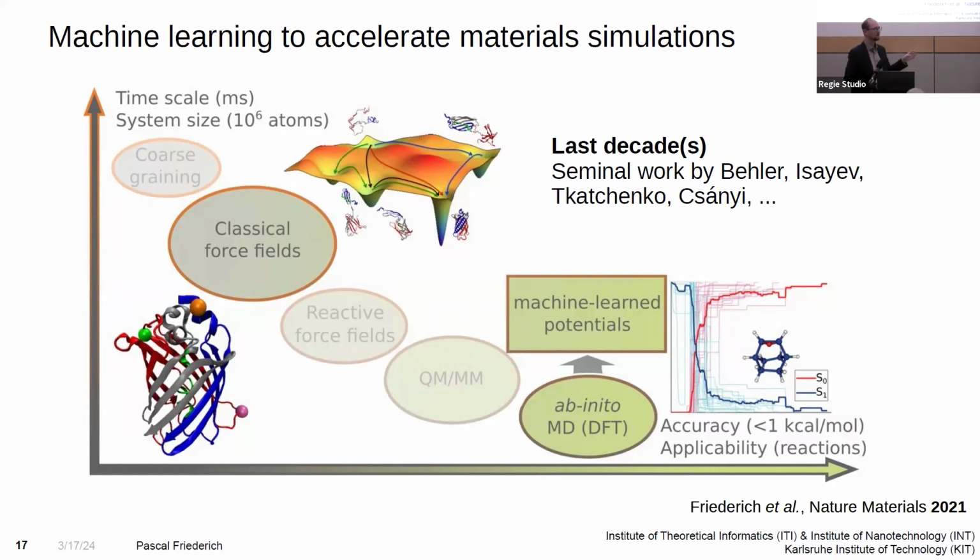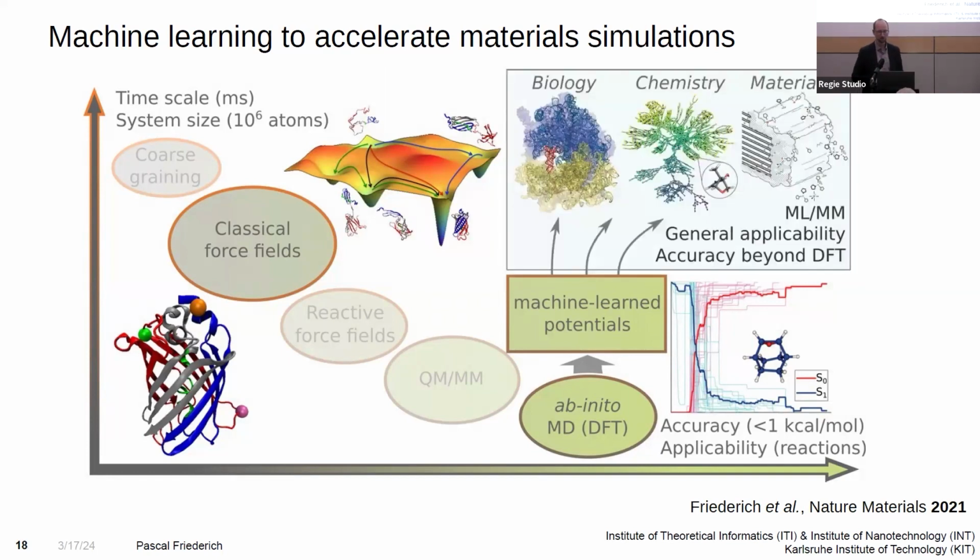Machine learning models are super good at learning to avoid these redundancies, learning, okay, I've already seen a system that looks almost like that, and I've seen other systems that look very similar, so I can interpolate perfectly and say the energy and the forces are that, without ever doing the force field calculation or the DFT calculation explicitly. And when we then add active learning, and I will not go into details here today, we can also explore systems. So we can go outside of the initial data distribution and extrapolate to systems that we don't know in the beginning.